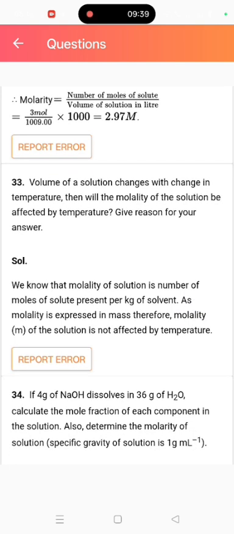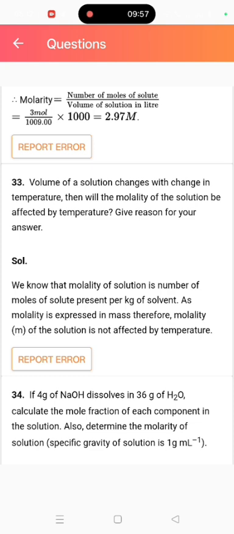See, next question. Volume of a solution changes with change in temperature. Then will the molality of the solution be affected by temperature? That is the question. See, molality of the solution is the number of moles of solute present per kilogram of solvent.